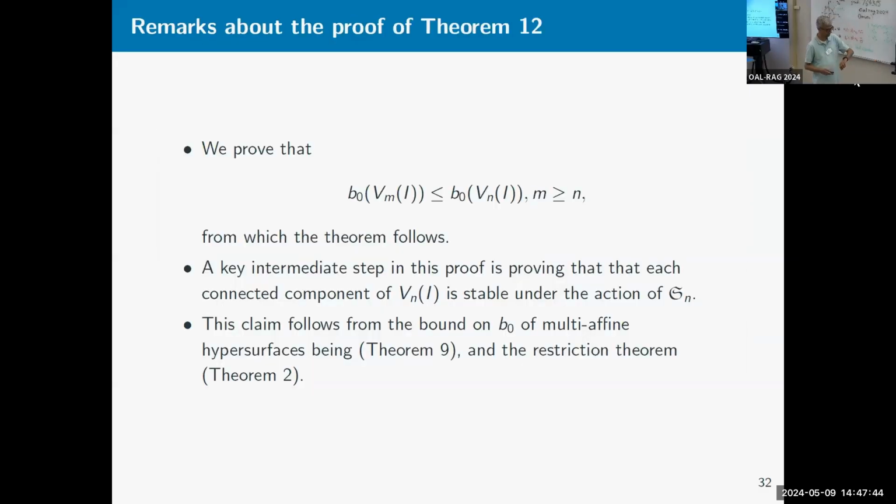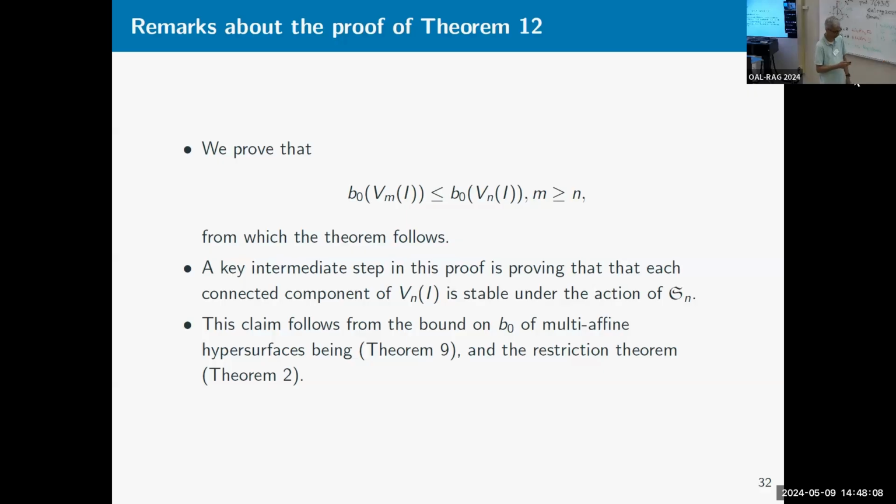Maybe I skip. So this actually follows from two things, which I've both mentioned in the previous slide. First of all, we are able to prove a monotonicity: if n increases, then the number of connected components of that ideal can only go down.